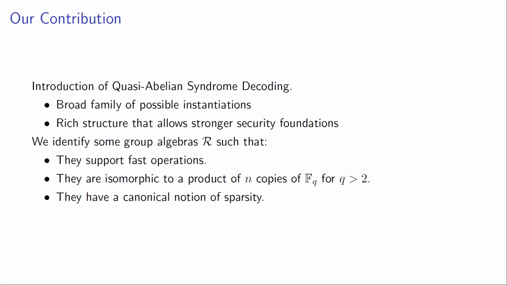By that, I mean that we will look for a structure that will support fast operations in order to create the OLE on it, that will be isomorphic to n copies of FQ again, to do the same idea at the end. And we will have a canonical notion of sparsity because, as you may have seen, every time we base on syndrome decoding, we want to have some notion of sparsity.